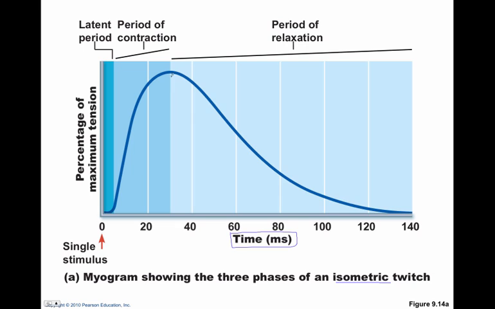This twitch goes up to a certain level. That's where we're contracting. Then we're reuptaking calcium and relaxing, resetting all the troponin-tropomyosin complexes and removing all the myosin heads.